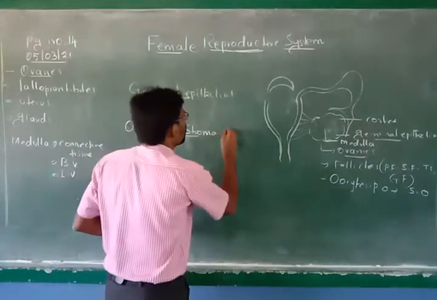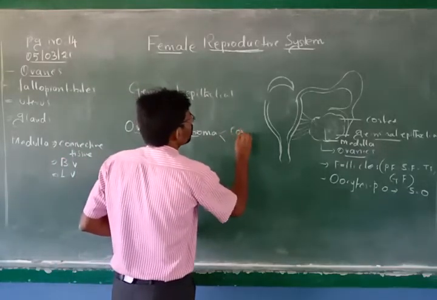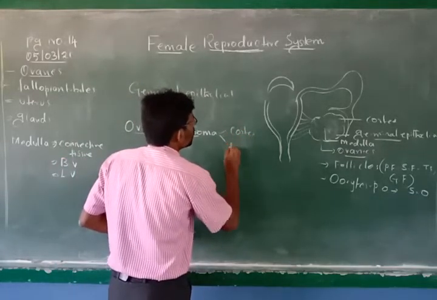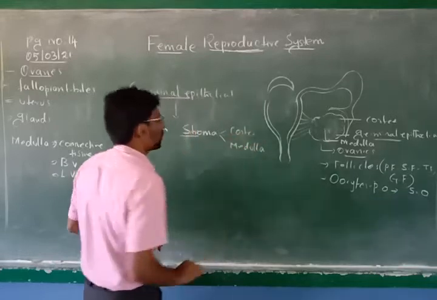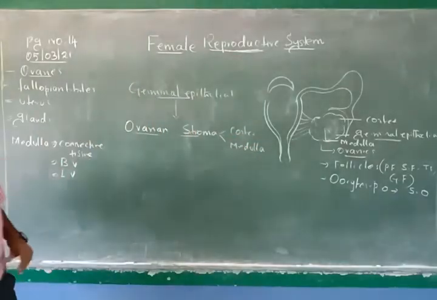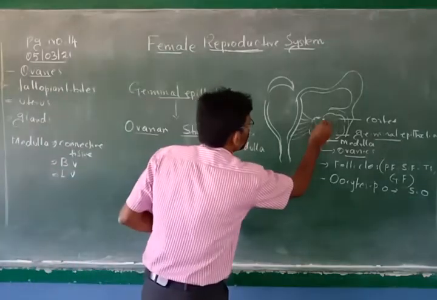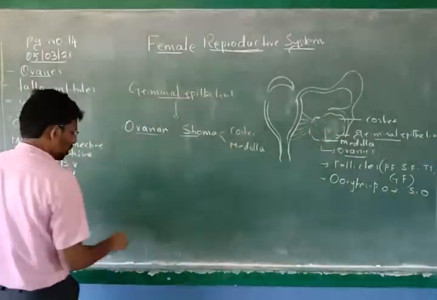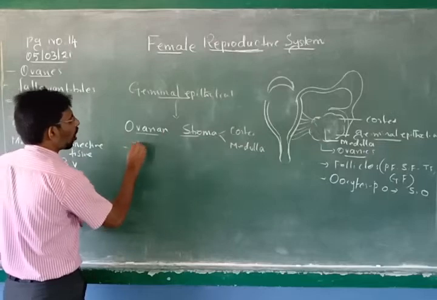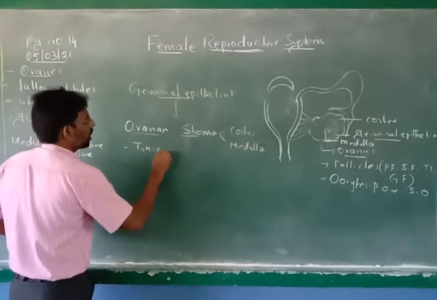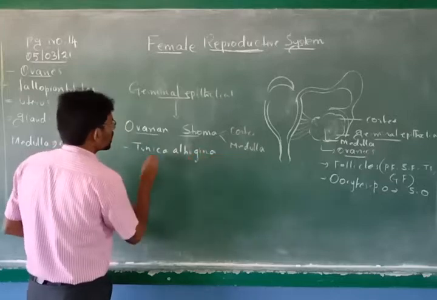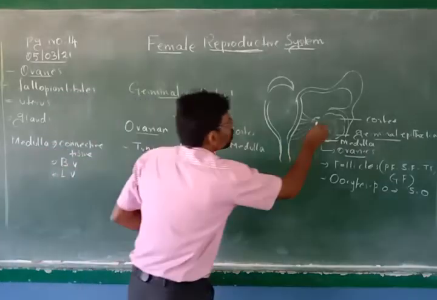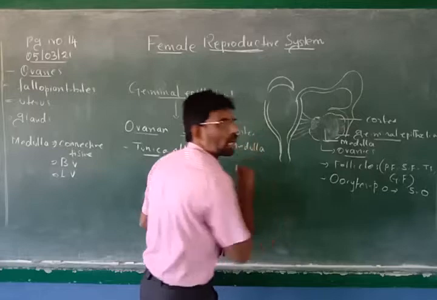This stroma forms the outer cortex, and inner it forms the medulla. In between, below this germinal epithelium, you have one more layer called the tunica albuginea. This is a membrane located just below the germinal epithelium.